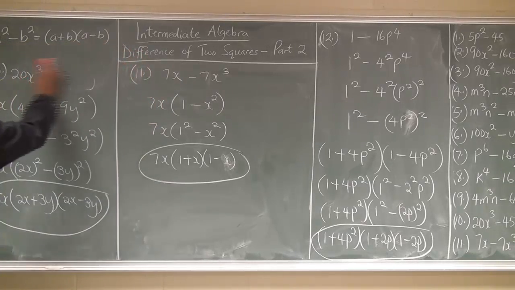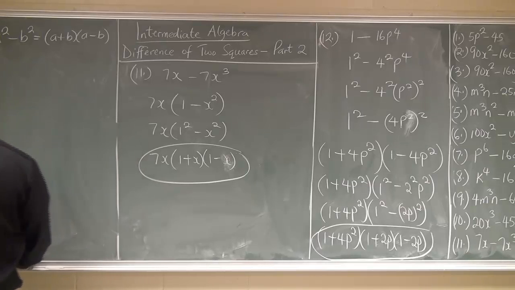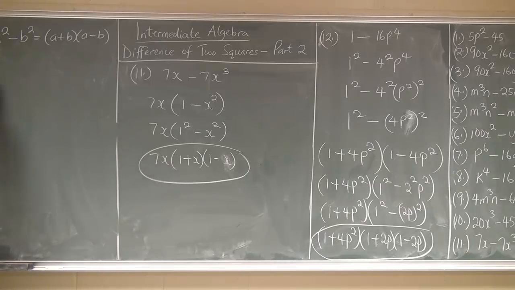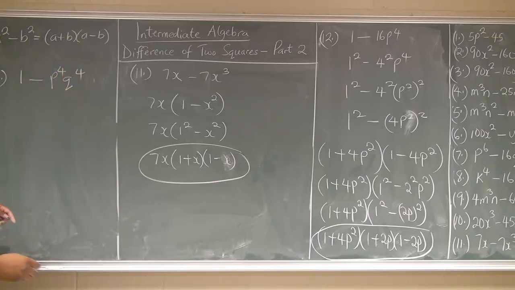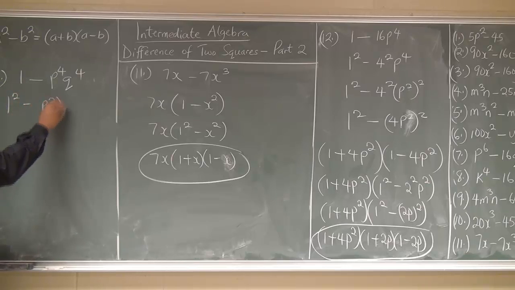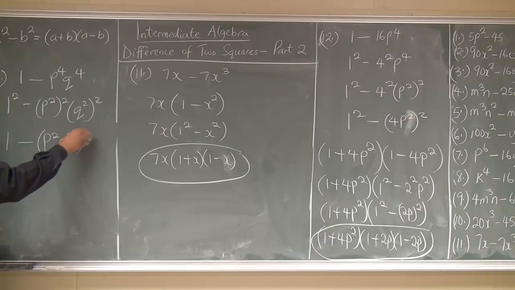Okay, question 13. 1 minus p4 q4. So this will be 1 squared minus p squared all squared, q squared all squared. So this will be 1 minus p squared q squared all squared.